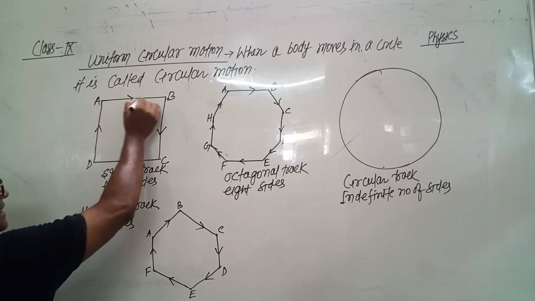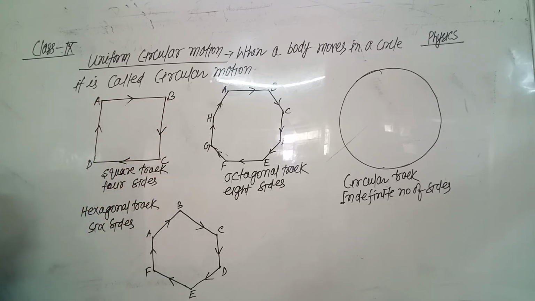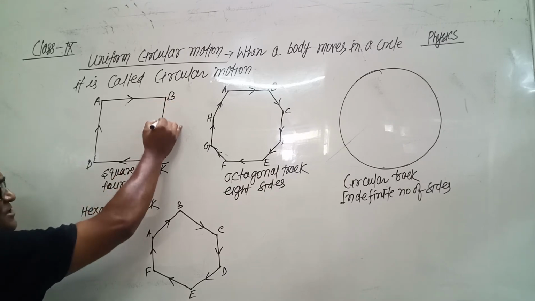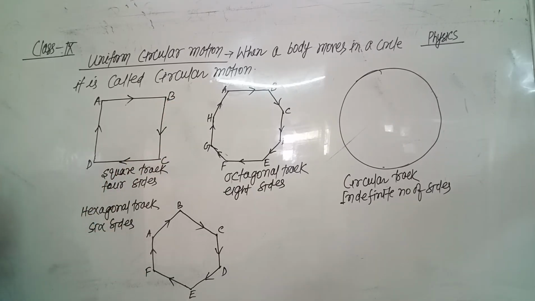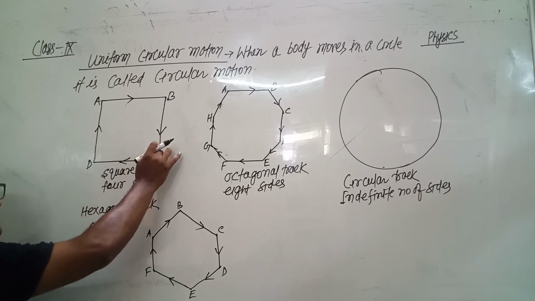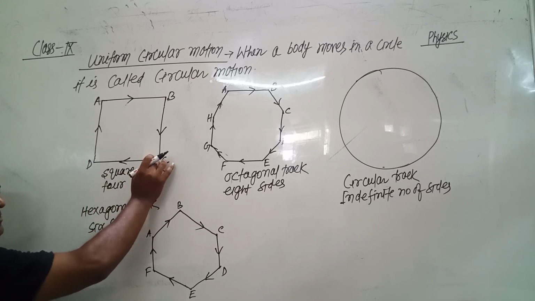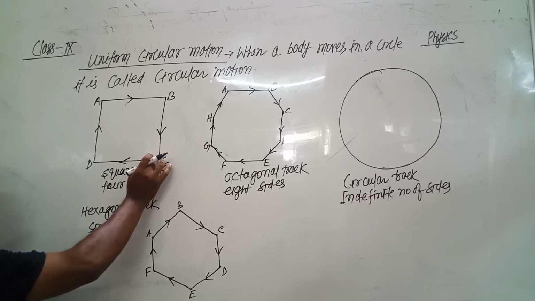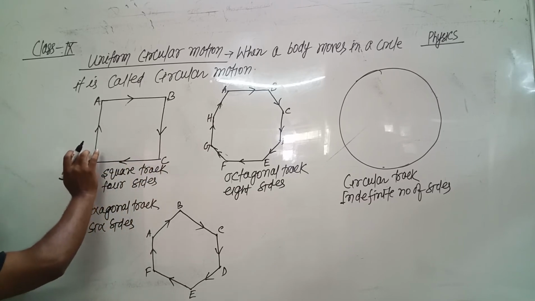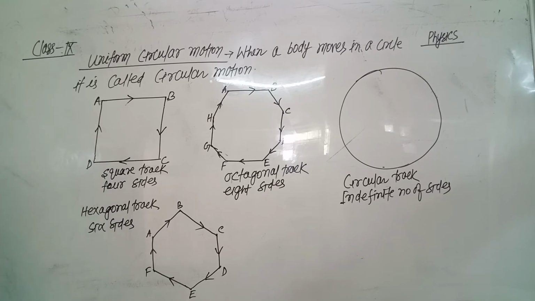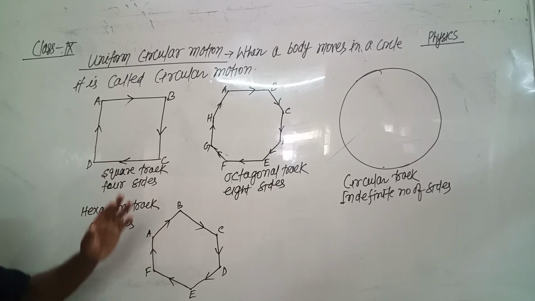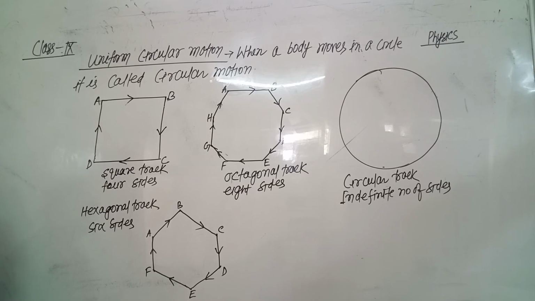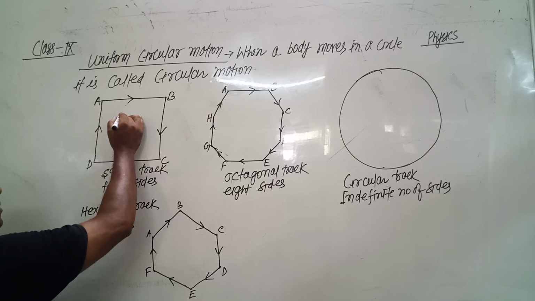Body started from A, goes to B, and then changes its direction; it changes direction again at point C, and again at point D. So if a particle is moving in a square track, it changes direction 4 times.